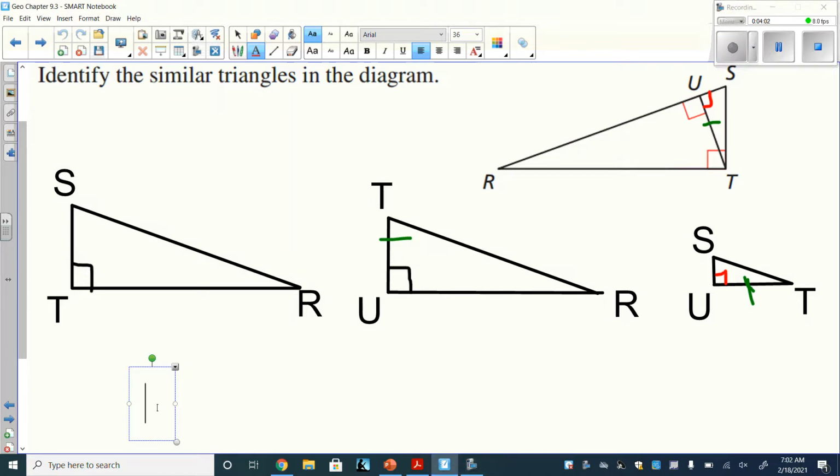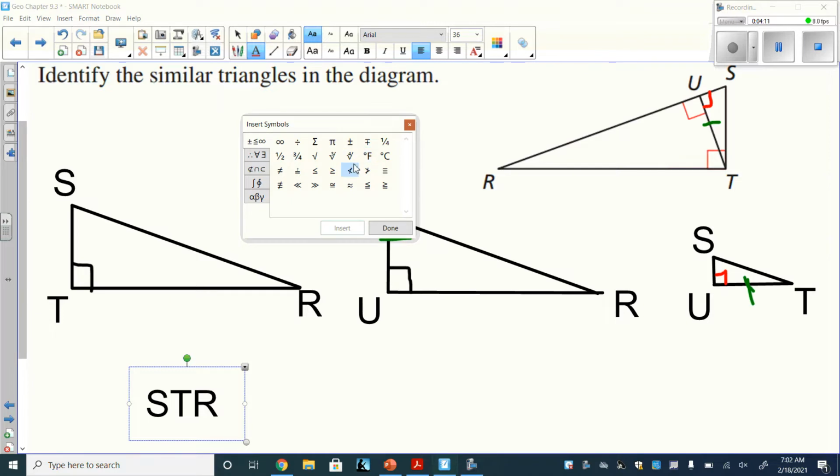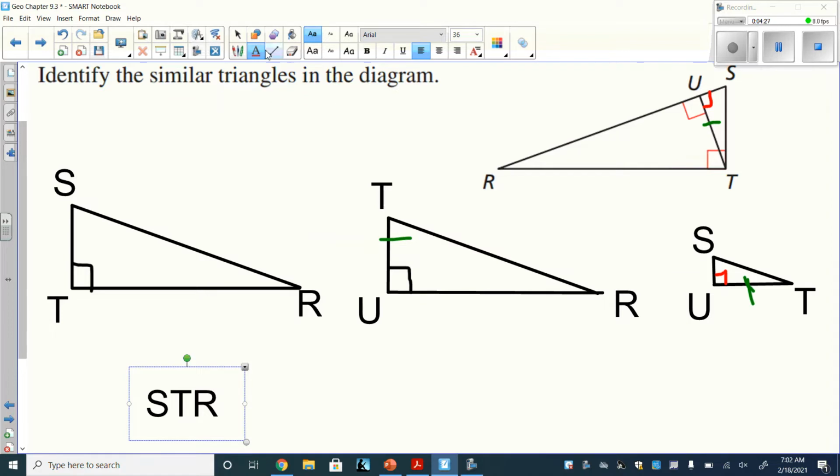Now we will have a similarity symbol, but apparently they don't have that either, which is really unfortunate. I'll have to draw it in here for us. It is similar.